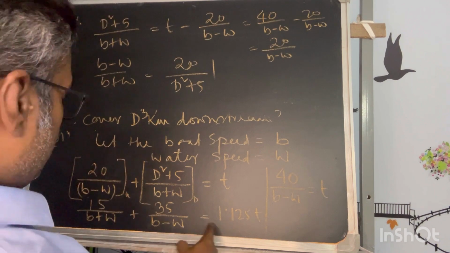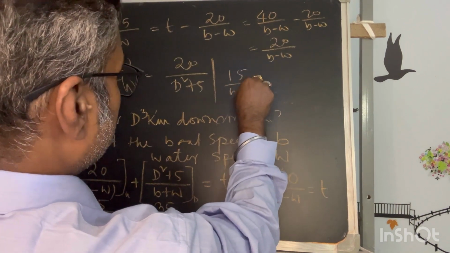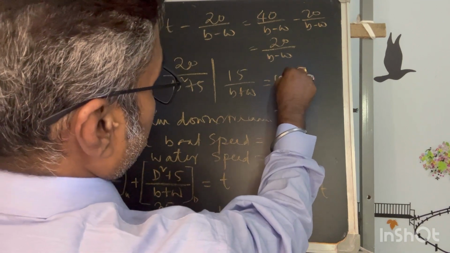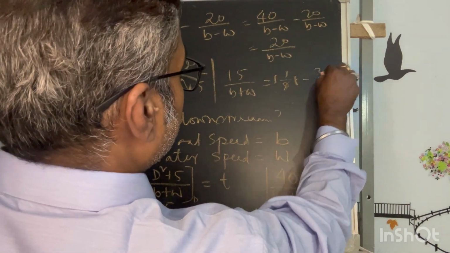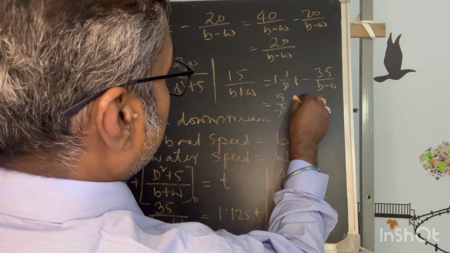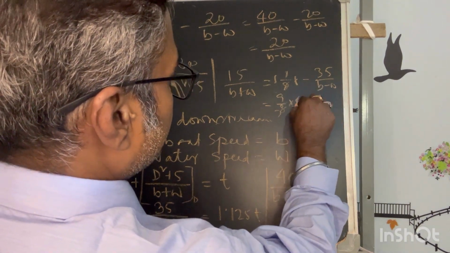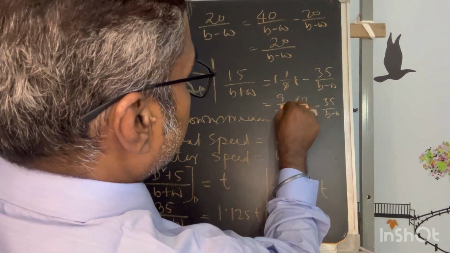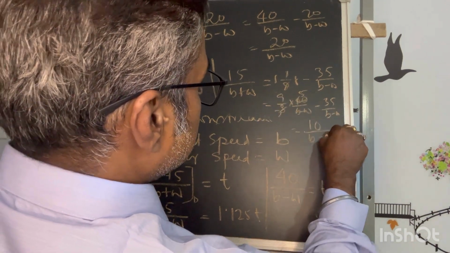From here you can write 15 by b plus w is equal to 1.125 t minus 35 by b minus w, that is 9 by 8, and t is equal to this much into 40 by b minus w minus 35 by b minus w, that is equal to 5 by b minus w.